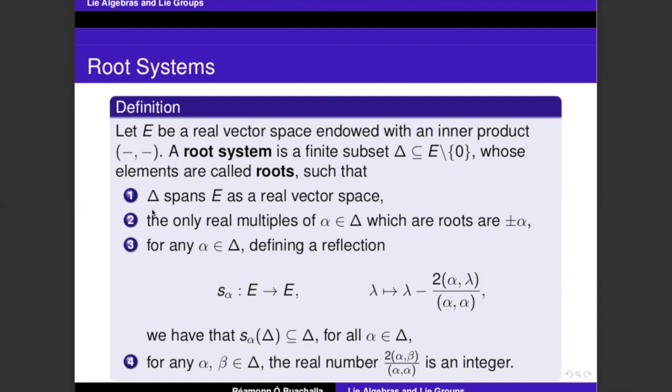So moving on to the third condition, and this really is the key condition. You're asking that this root system, this finite subset inside a Euclidean space, has got a very special type of symmetry. And the symmetry is given by what we call reflections in the roots.